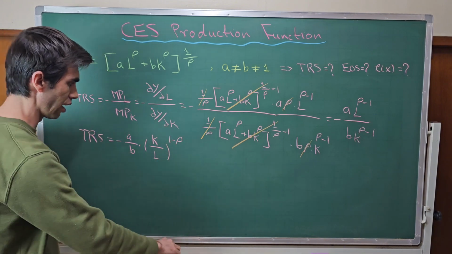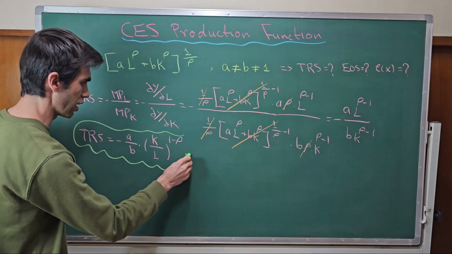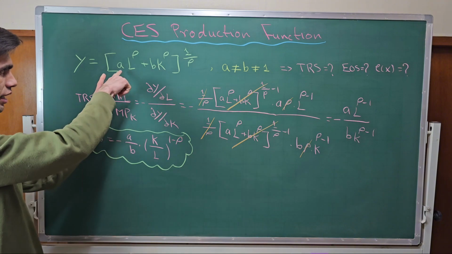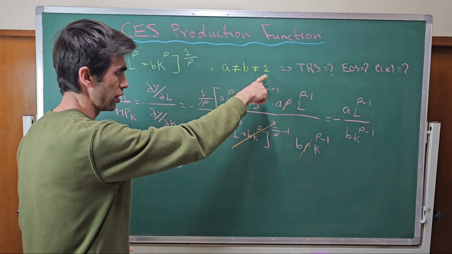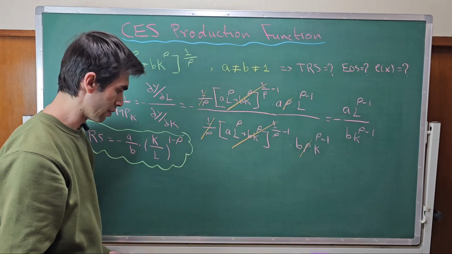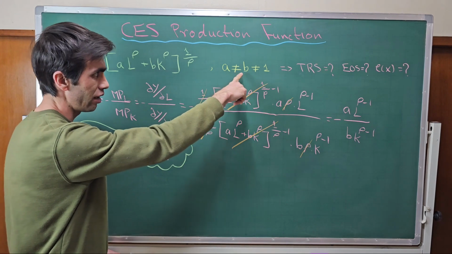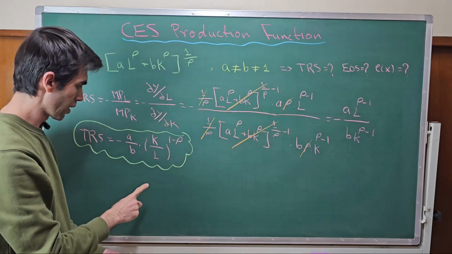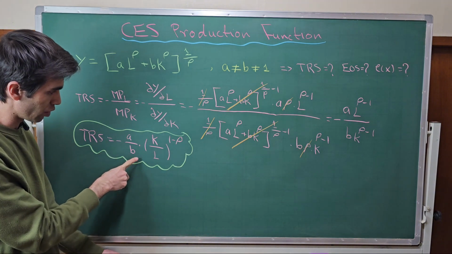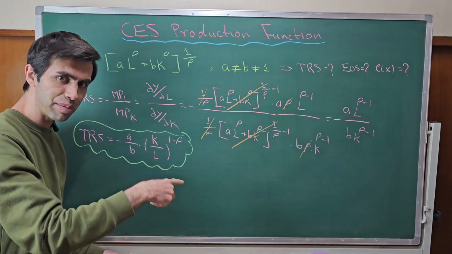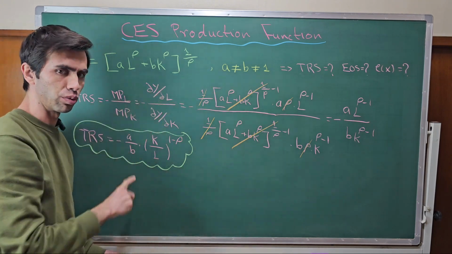This is the final result for the technical rate of substitution in the case of this CES type production function when A is not equal to B and not equal to 1. In the last video, we worked when A is equal to B is equal to 1. If A is equal to 1 and B is equal to 1, we will have exactly the same result that we found when A and B are equal to 1.